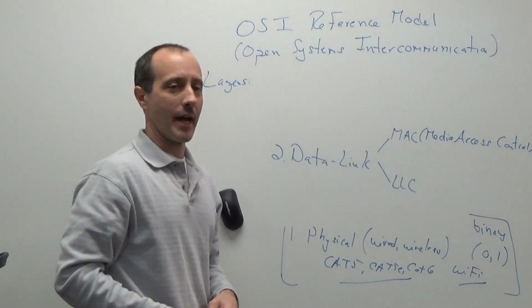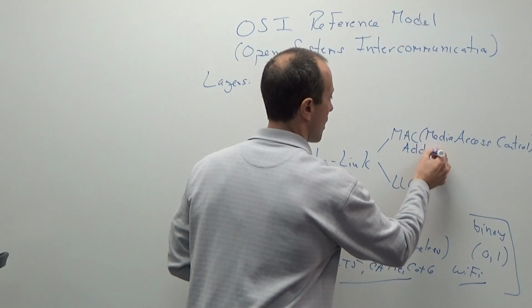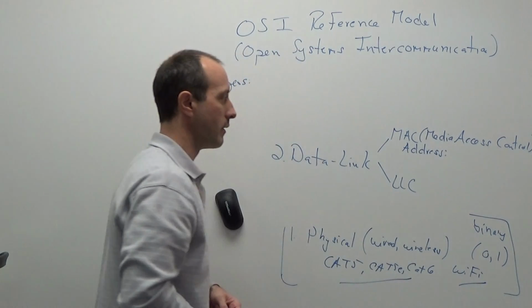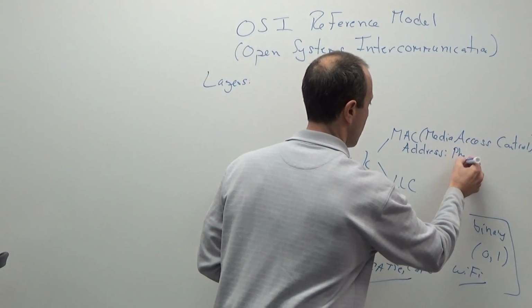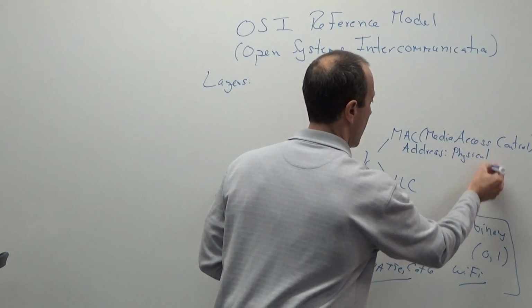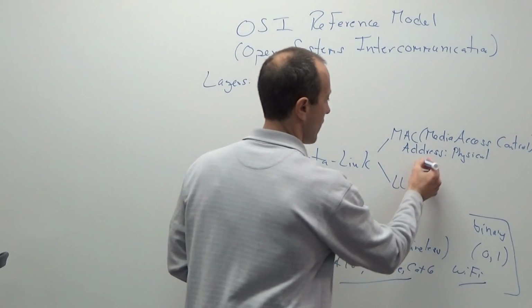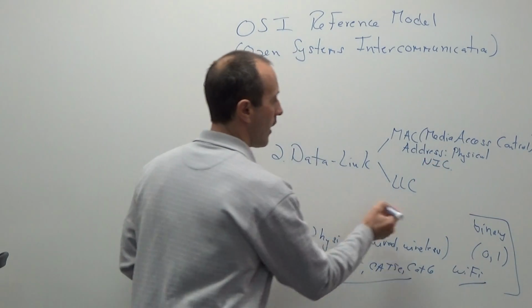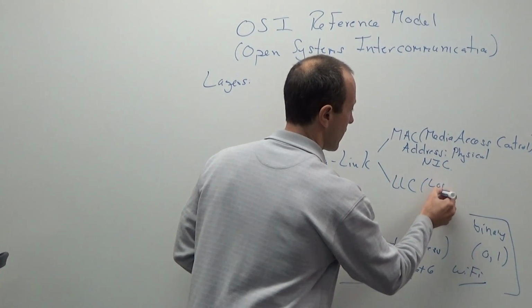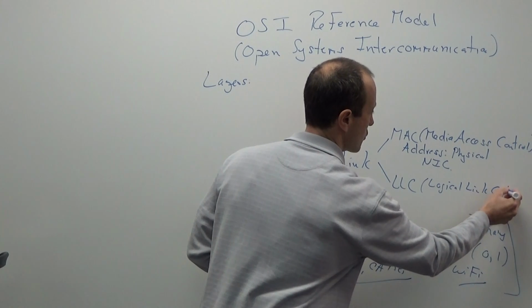The MAC is actually an address. So you might hear a term, what's the MAC address for that machine? It's the physical address of the machine. And it's actually located or burned into the NIC card, the network interface card. LLC is your logical link control.